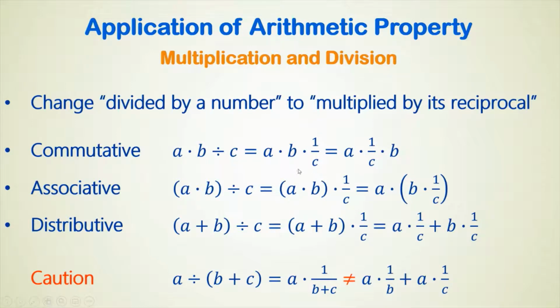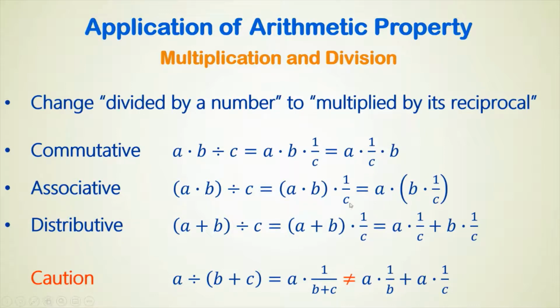Then we can use the commutative property to change the order of the terms in any way we wish. Similarly, parentheses a times b divided by c is equivalent to parentheses a times b times 1 over c. Now we can use the associative property to combine any two terms together, and the result will still be the same.